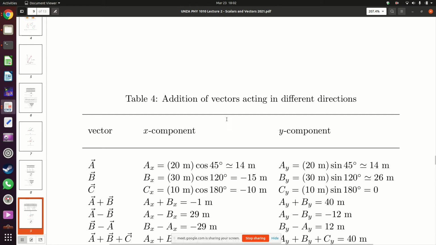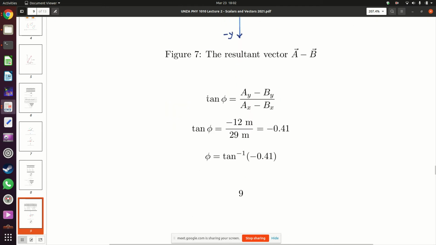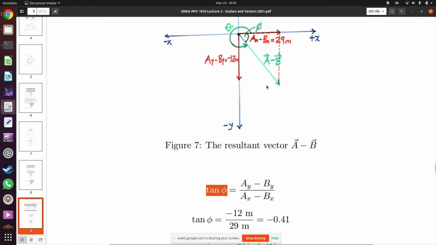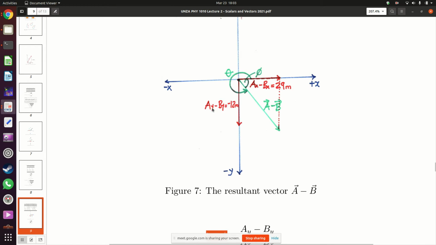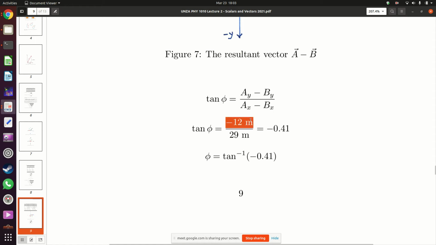So when we do that, tan phi is equal to the y component of a minus b. The y component is this one, ay minus by, minus 12. So ay minus by, divided by the x component, which is the 29 meters, ax minus bx. So ay minus by, that is minus 12 meters divided by 29 meters.